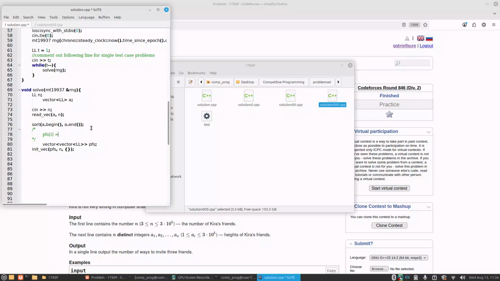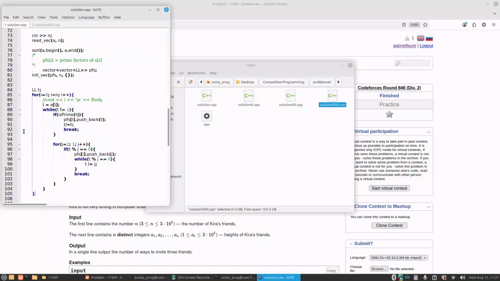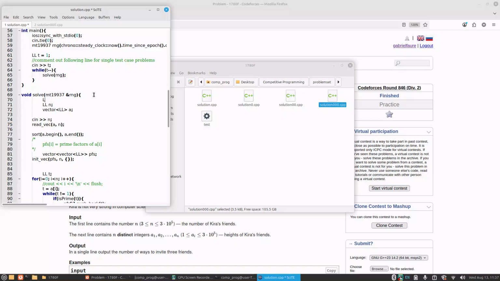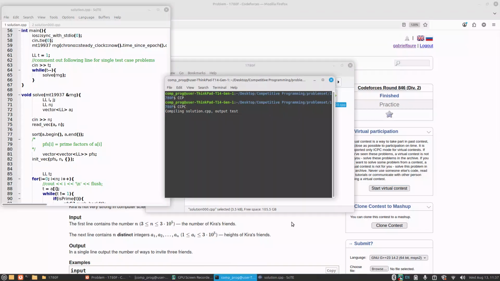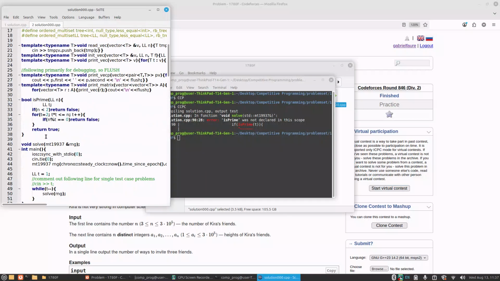PFS equals prime factors of AI. Okay. Yep, so I do want all this. Yeah, I need to copy this prime as well. Where's that? Up here.